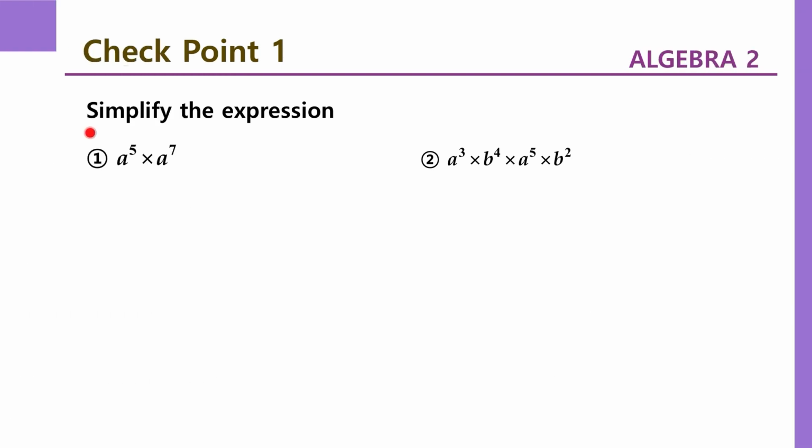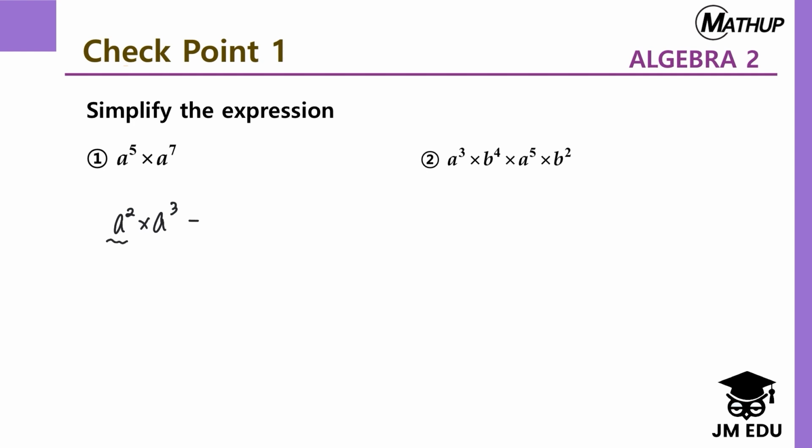The question is to simplify the expression. Let's say we have a squared times a cubed. This means two a's are multiplied together. And we have times a cubed, which means 3 a's are multiplied together.